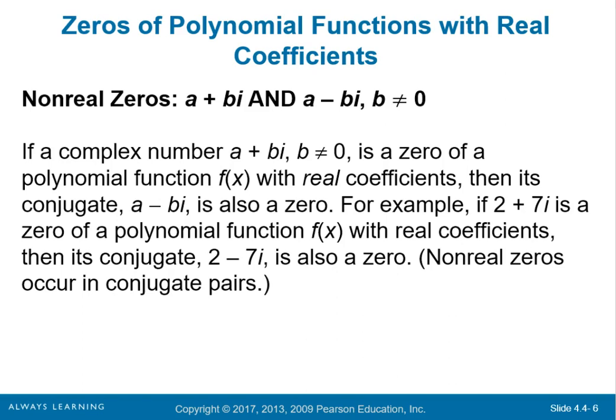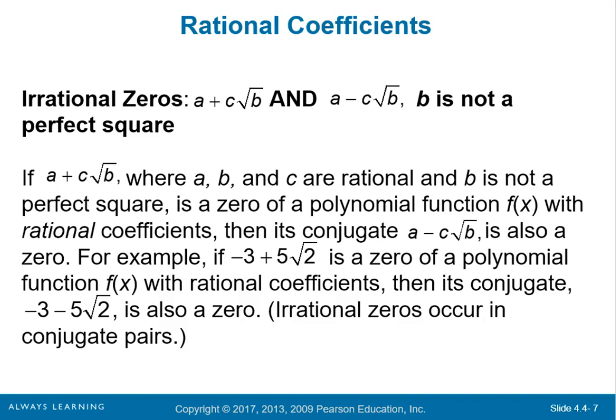All right, that's also the same for irrational. Irrational zeros must also have both the number and its conjugate, in the event that the b, in this case under the square root, is not a perfect square. If you have a perfect square, this does not apply.